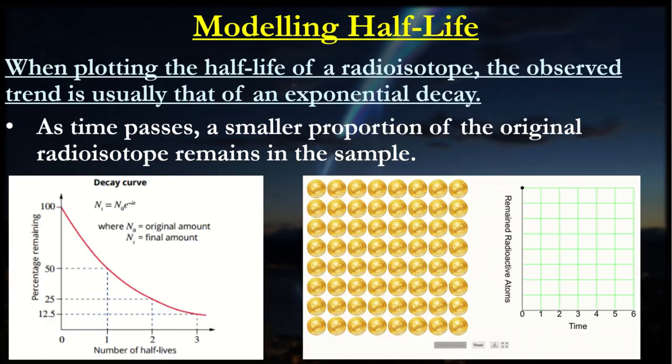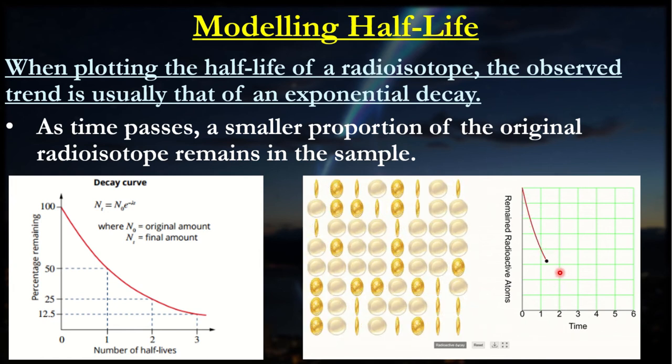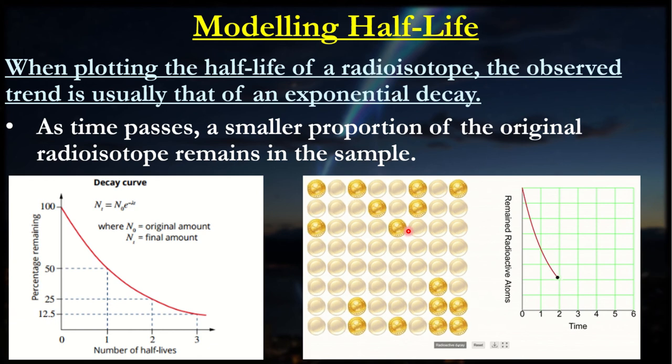Okay, let's try and model half-life here. You can see that if we look at the time taken, every step of the way we are reducing by half the amount of the radioactive isotope. What this essentially means is it's the time taken for a radioisotope to lose the same fraction of isotopes.